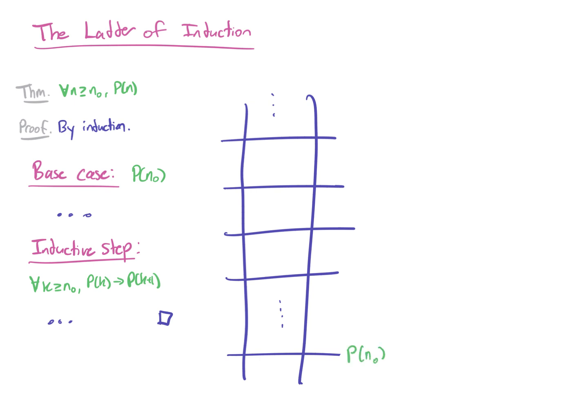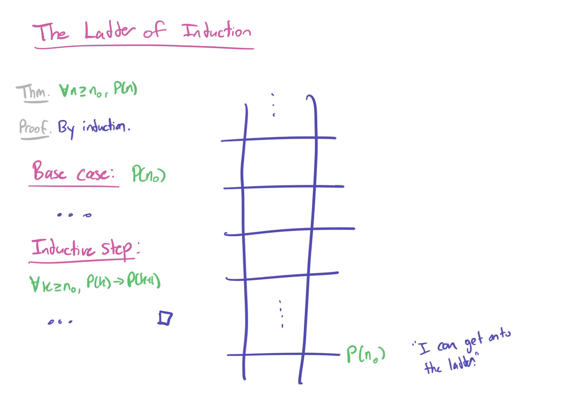That's the statement P of n naught. When I prove the base case, I can get onto the ladder. I can take my very first step, and once I've taken that very first step, I've proven the base case. I am now on the ladder.